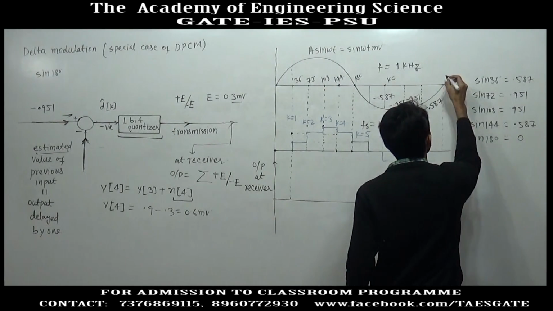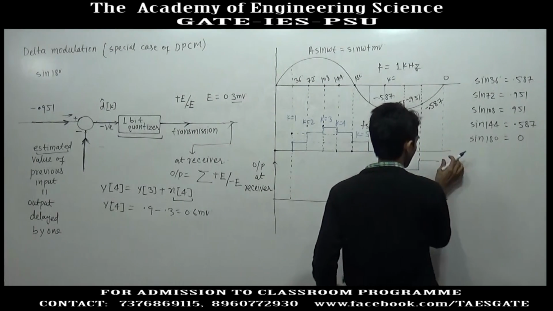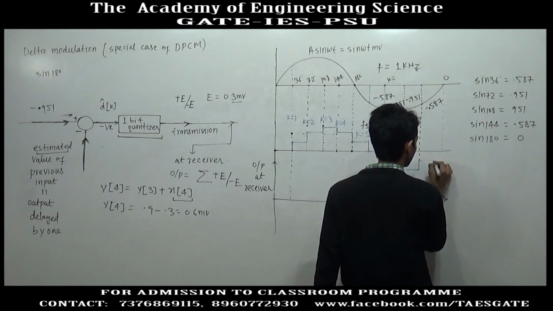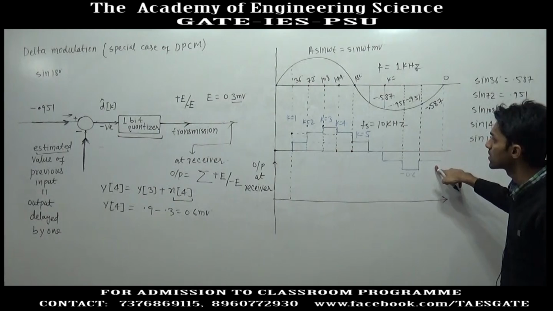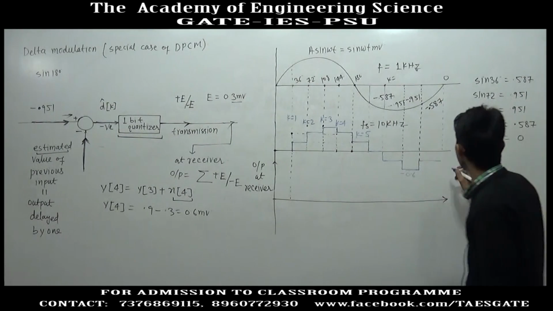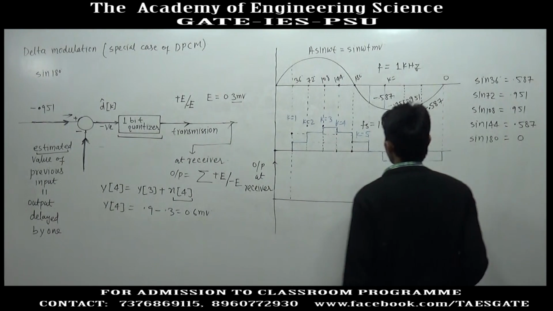Here the input is 0 and the previous output is minus 0.3. So, again the input to the quantizer will be a positive value, and again 0.3 will be added to the output.